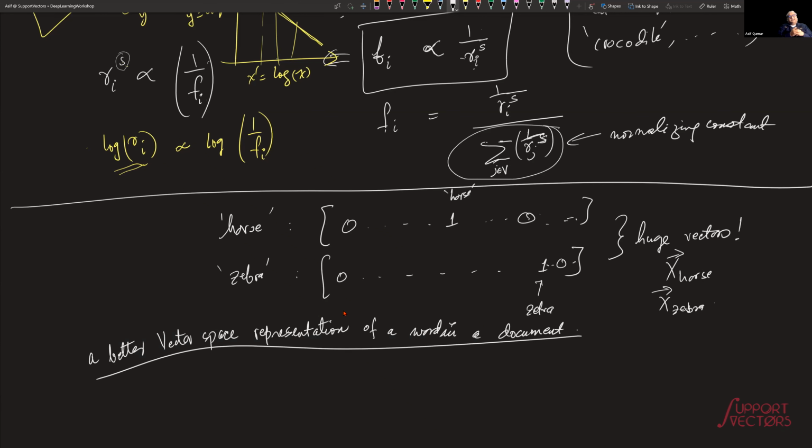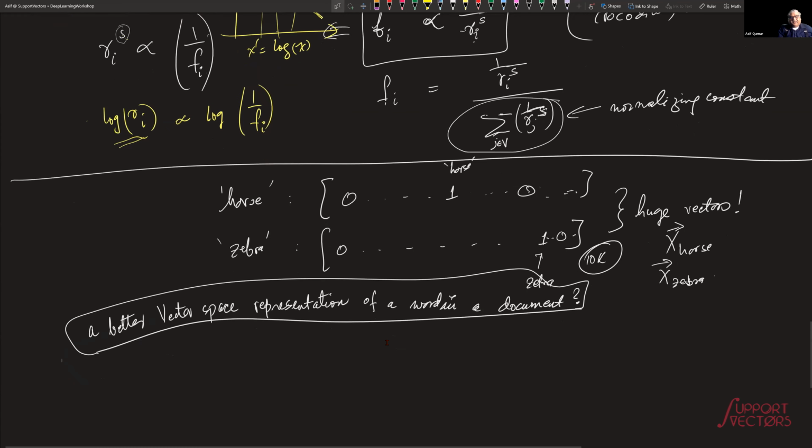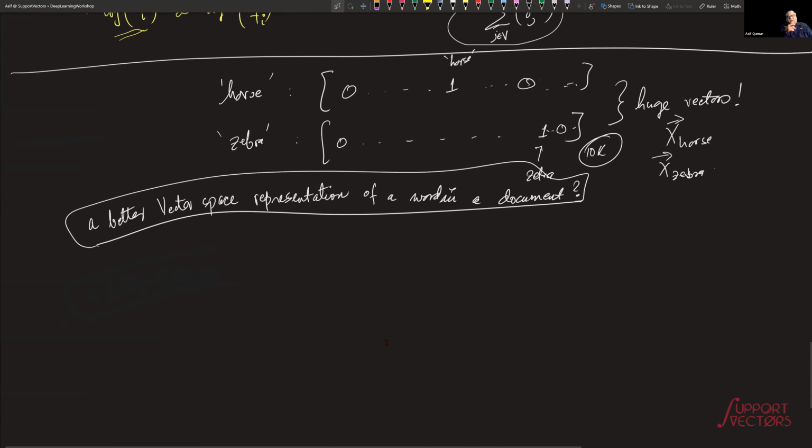Right? So this is it. Can we represent a word in a document in a little bit better way? So hold on to this, whatever it is. So should we just assume that this is 10K? Size is 10K? Just assume it's 10K. The question we will ask is, can we represent the word in a little bit more meaningful way in the document, in a particular document?